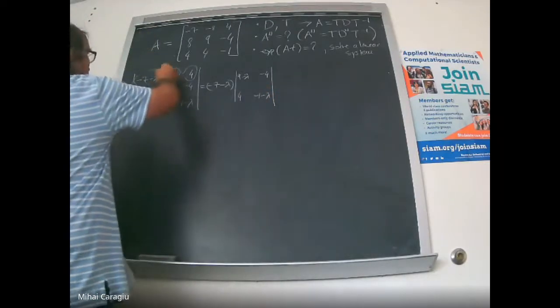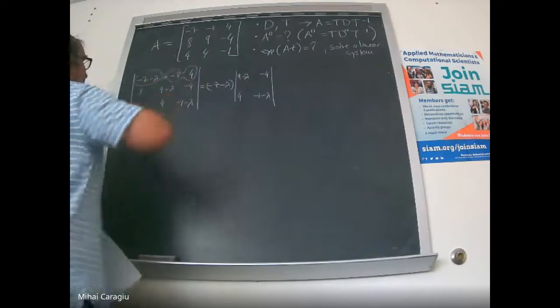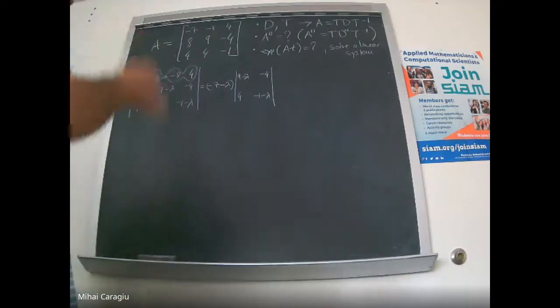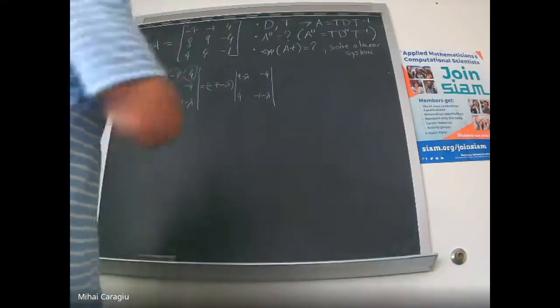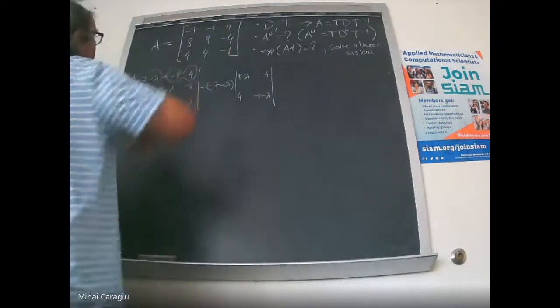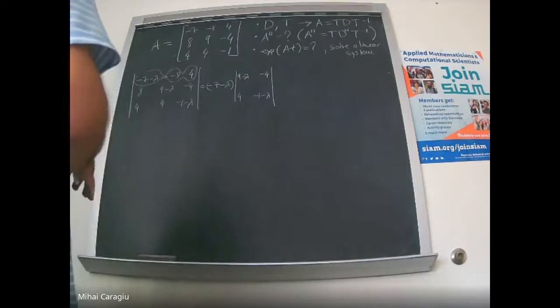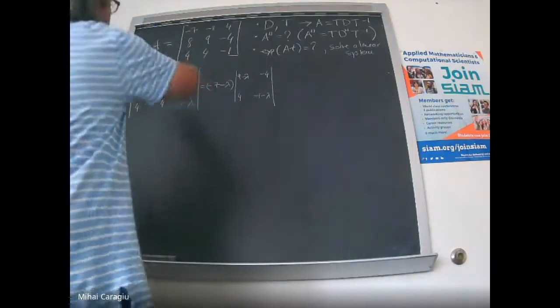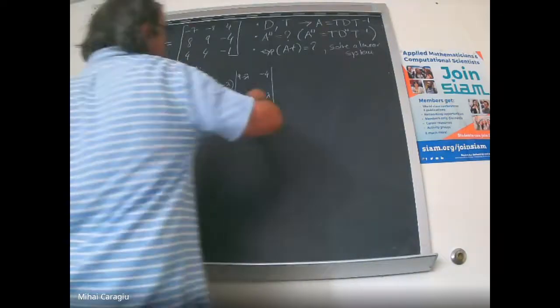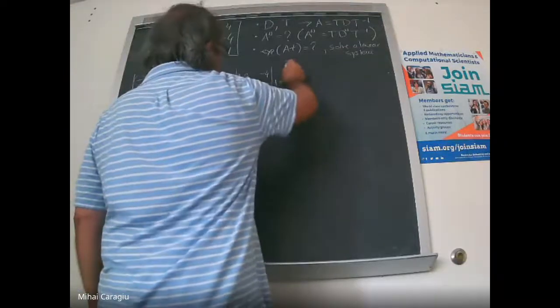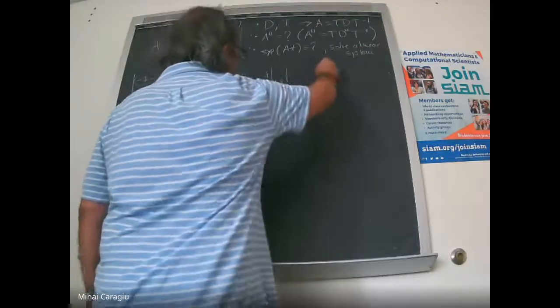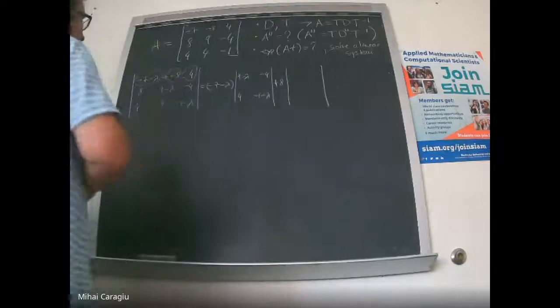Okay, let's move on to the next entry in the row, which is -8, but this -8 comes with a positional marker of minus. Remember the chessboard with a plus here, then all the signs are calculated accordingly. So the positional marker being a minus, I'll get +8 times the determinant of the matrix obtained by removing the row and the column of -8.